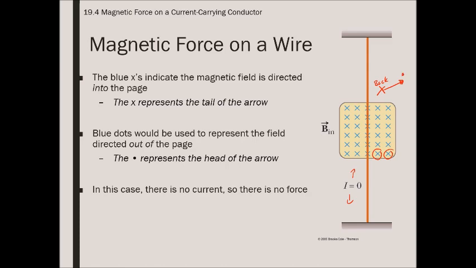So these blue X's indicate the magnetic field is directed into the page, or the tail of an arrow, where a dot would represent the head of an arrow. Using our right-hand rule, you would point your fingers, representing your magnetic field, into the page. In this case, there is no current, there are no charges moving, so there's no force.